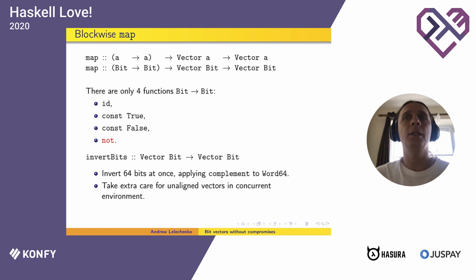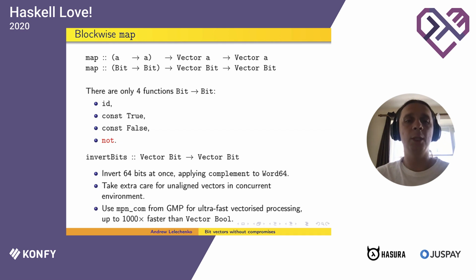And the ultimate speed up comes from using libgmp, because libgmp is usually available with GHC, and it's widely available on most distributions, and GHC uses integer-gmp. It uses libgmp to back all its integers.